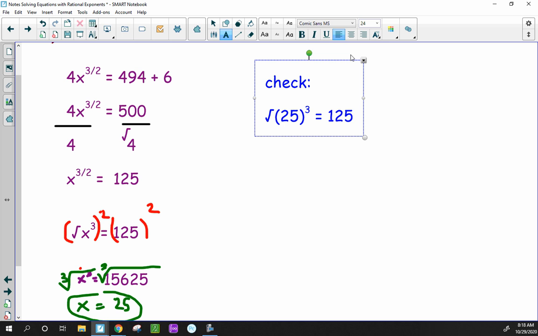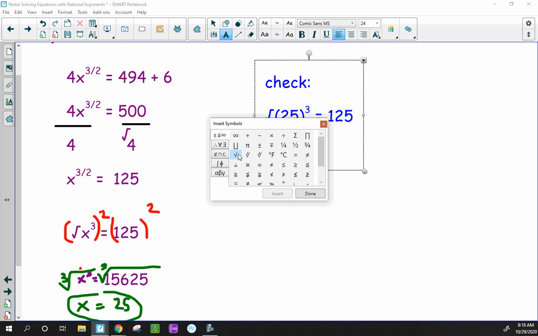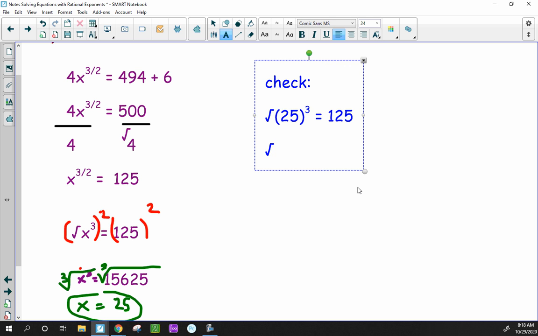So 25 cubed, we're back to where we started. It's just making sure we complete the process here. 15,625. We're trying to see if the square root of that number is 125.